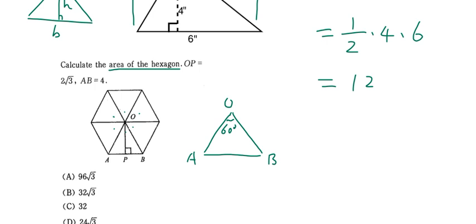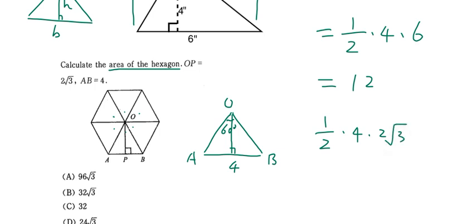So for this one, we know AB equals 4, and OP equals 2 radical 3. Then this area equals half times 4 times 2 radical 3, right?